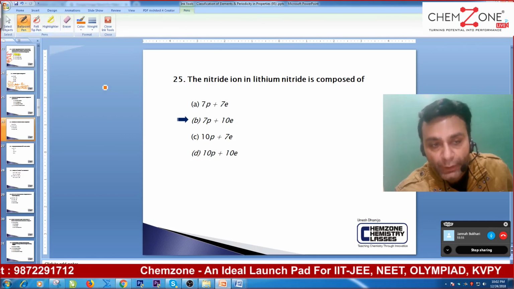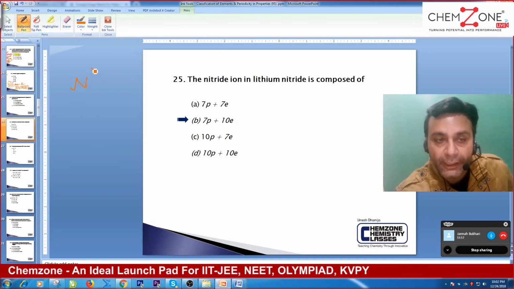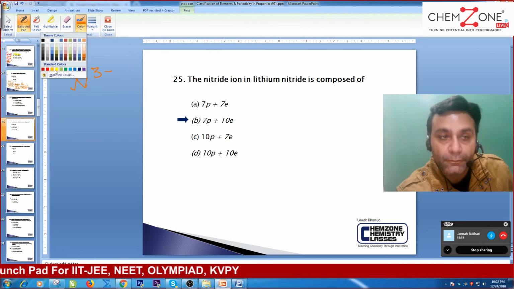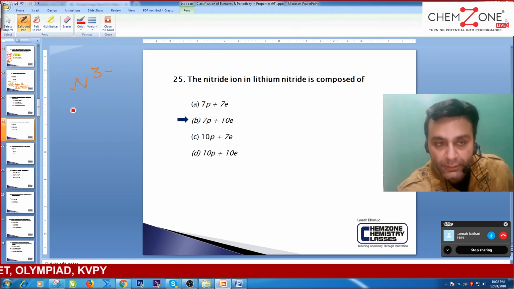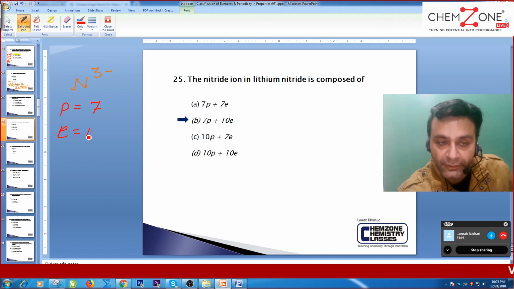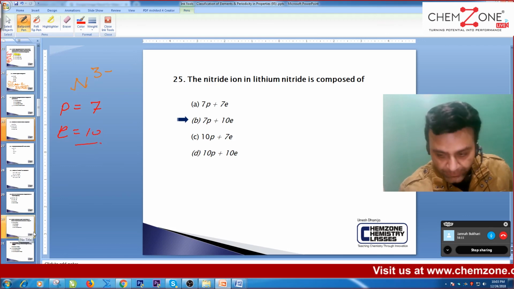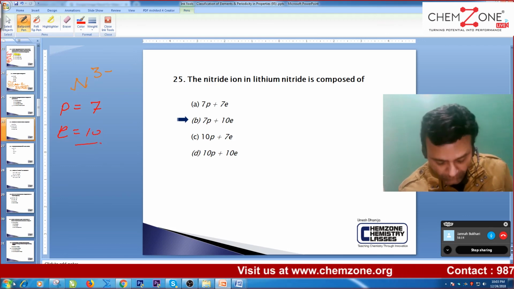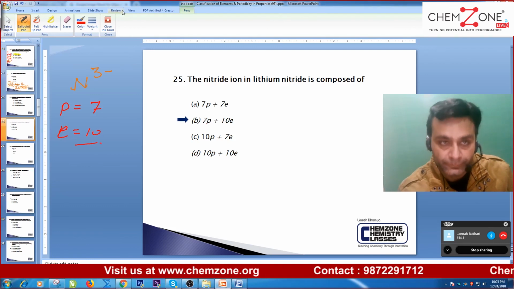When I talk about the nitride ion, it means I'm talking about the N3 negative ion. Oh, okay. So protons are equal to 7 only. Yeah, but the total number of electrons is equal to 10. I guess the nitride ion didn't translate to N-3 in my head.